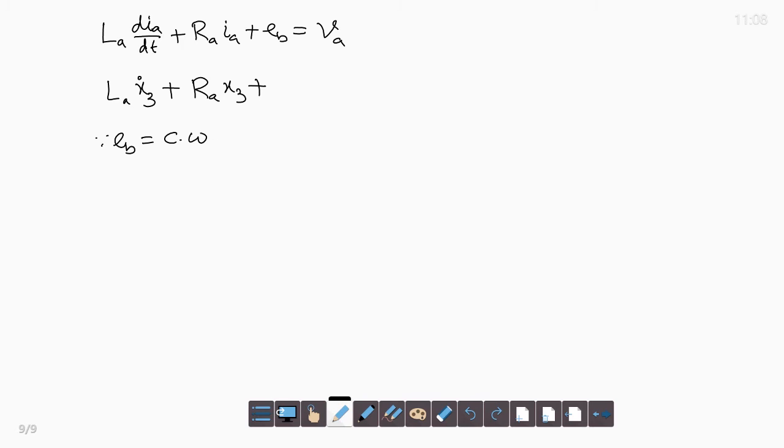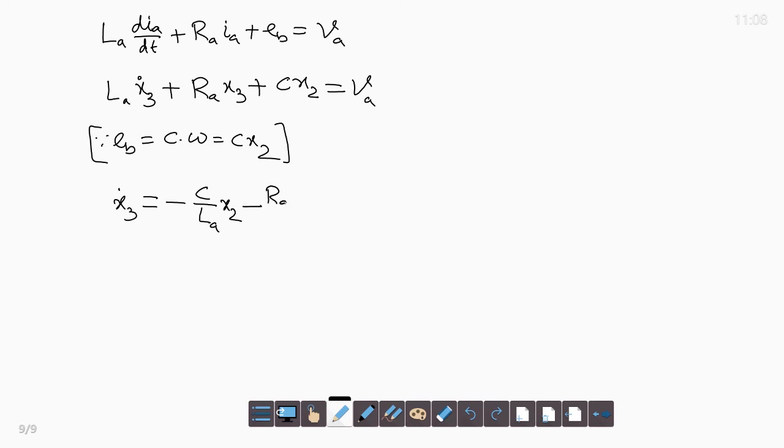So it is C times x2, equals VA. From this you have x3 dot equals minus C by LA x2 minus RA by LA x3 plus 1 by LA VA. This is the third equation.